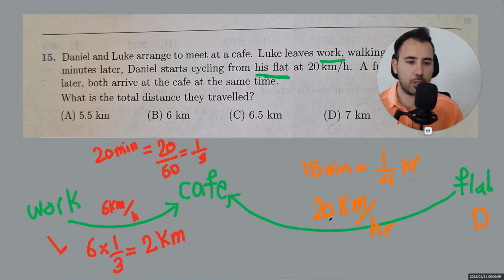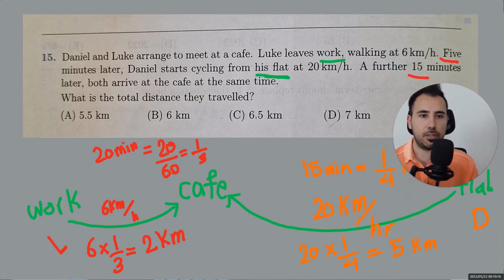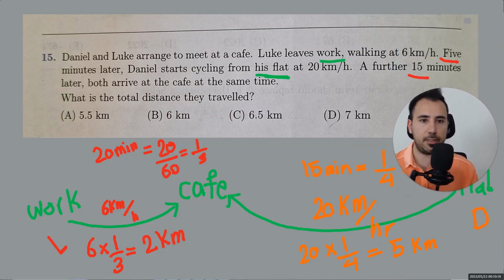So you go with the speed of 20 for 1/4 of the time. It's going to be 20 divided by 4, 5 kilometers, right? So let me check. Okay, no mistakes. So 20, 1/4 of an hour. Yeah, that's 5, definitely. And 2.